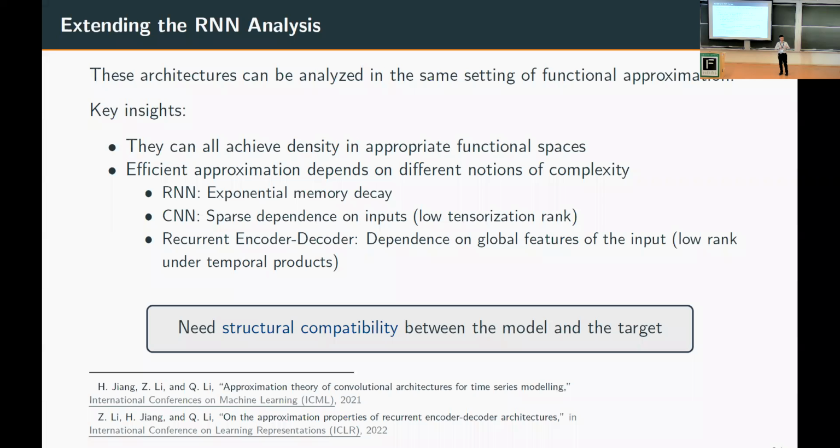So the temporal information are actually summarized in the static vector. So these are features precisely of the networks themselves. And it turns out that then they are really good at approximating relationship with the same kind of features, right? So the punchline here is that you really need some structural compatibility, and these structures are dynamical, between the model and the target for you to have good approximation. Okay, so this is the lesson we learned.